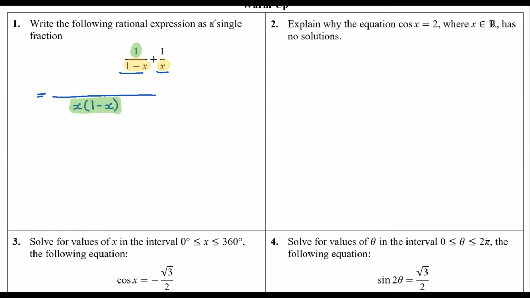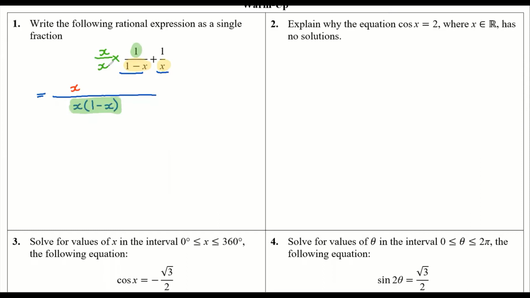So we have to include an x now in the numerator for that one. If that wasn't clear, just let me reiterate. If you times top and bottom by x, it changes nothing about the fraction, but we now get a denominator of x multiplied by 1 subtract x, which is what we need.